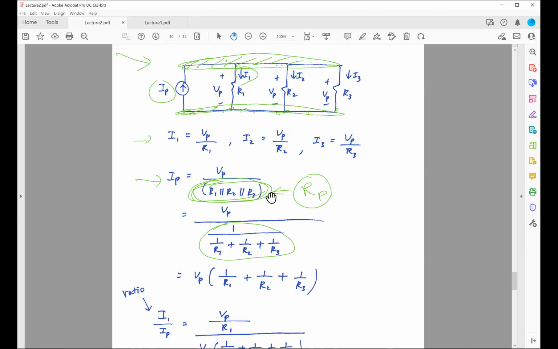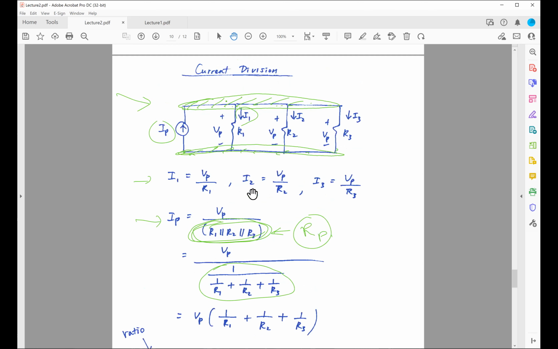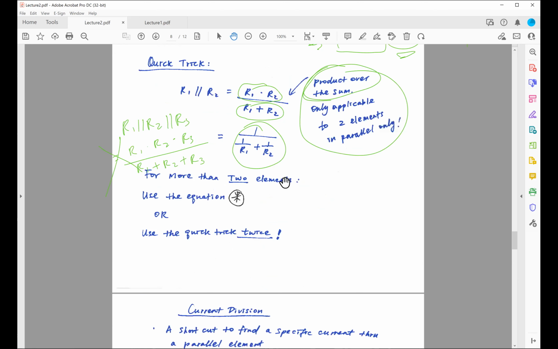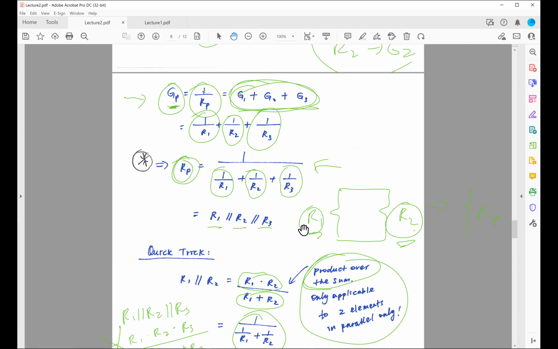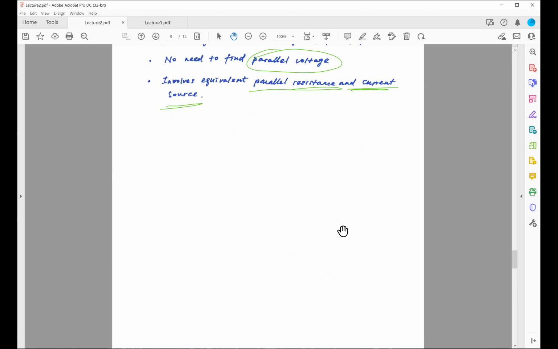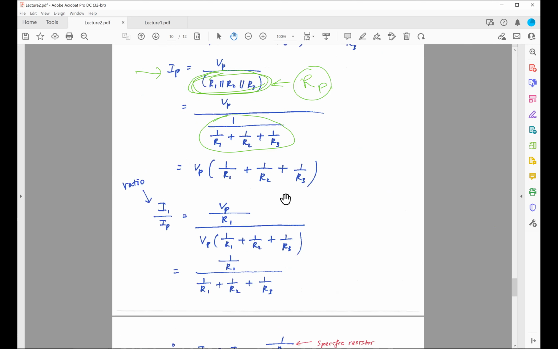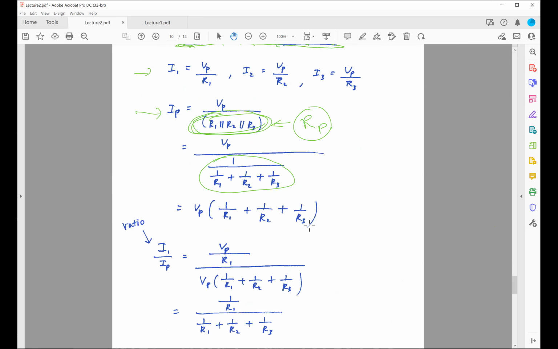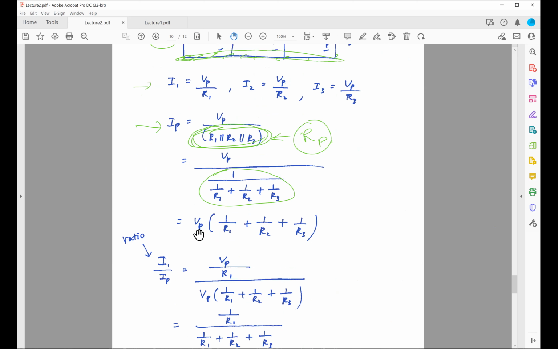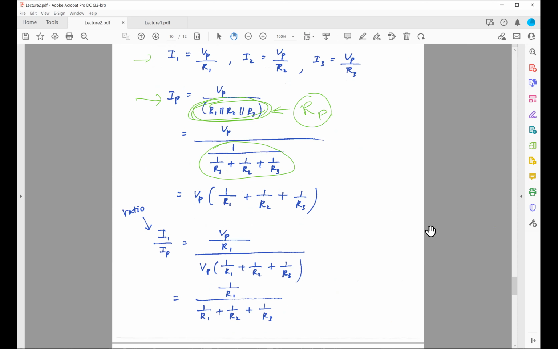So let me quickly remind you, Rp, or R1 in parallel with R2 in parallel with R3, can be found over here. I basically just took this part, copy and paste. All right, so then mathematically I can rewrite this way: IP equals Vp times 1 over R1 plus 1 over R2 plus 1 over R3. Okay, so now I'm going to simply take a ratio, just like before.